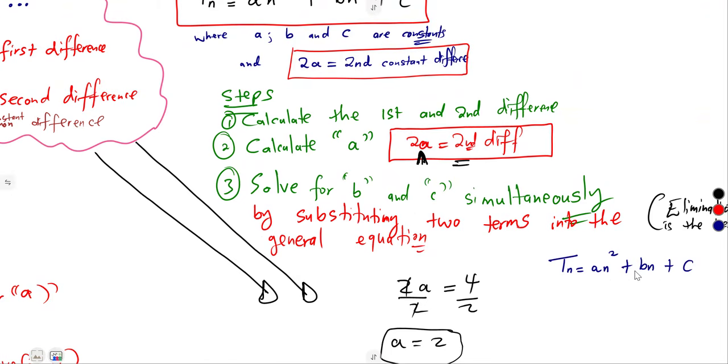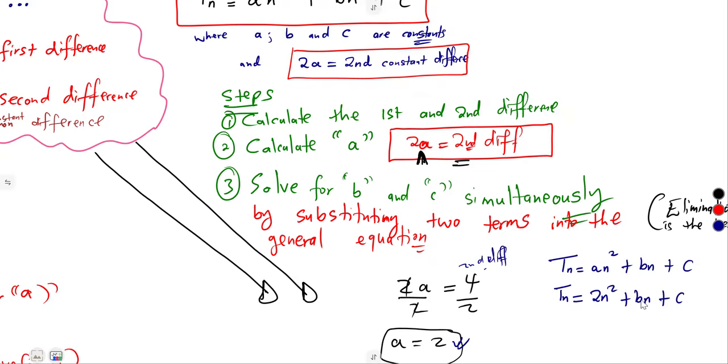We have got our a, which we calculated from the second difference. So we can substitute and have Tn in place of a. So that's 2n squared plus bn plus c. This is what we have.